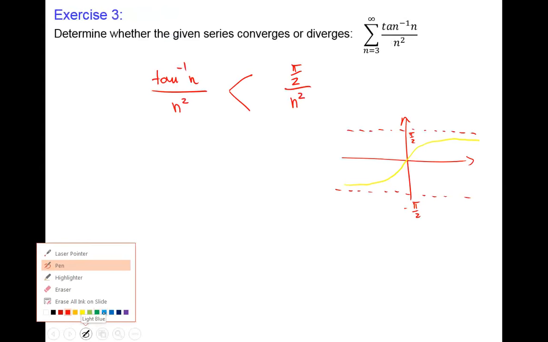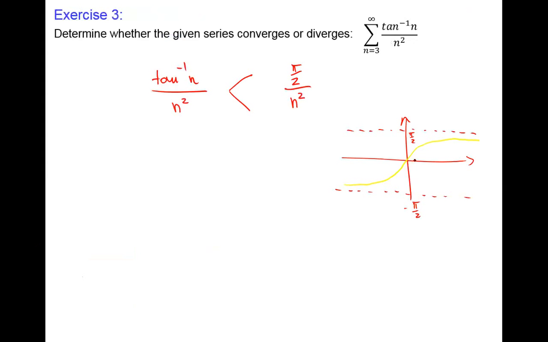The terms of the sequence are inverse tangent of 1, inverse tangent of 2, 3, 4, 5, and so on. We're only looking at these dots. But the values of inverse tangent of n will follow the yellow path, right? That's the shape. It will never be higher than pi over 2. Okay? That means this is an excellent series to compare.